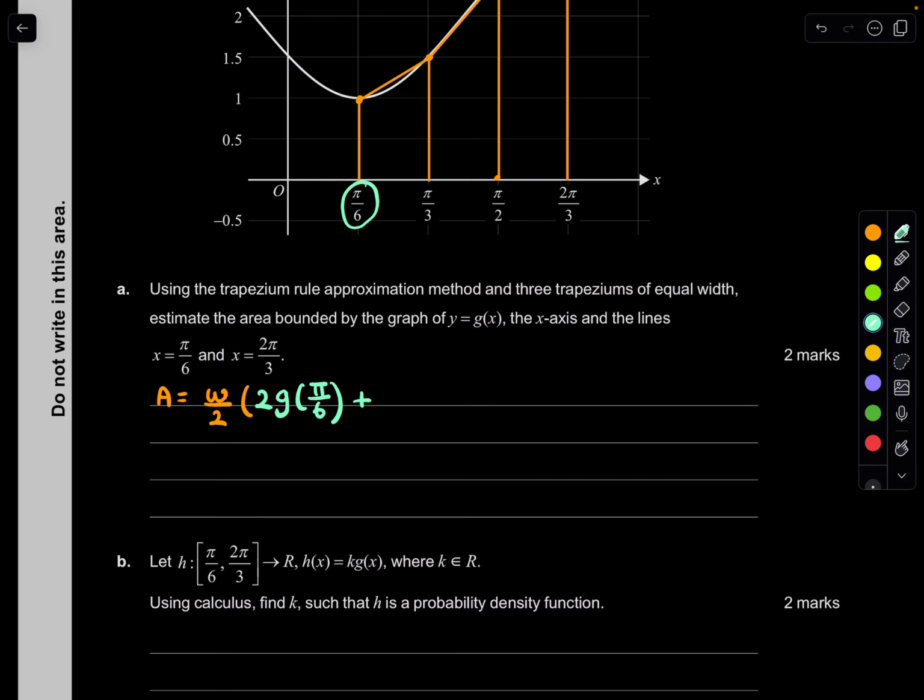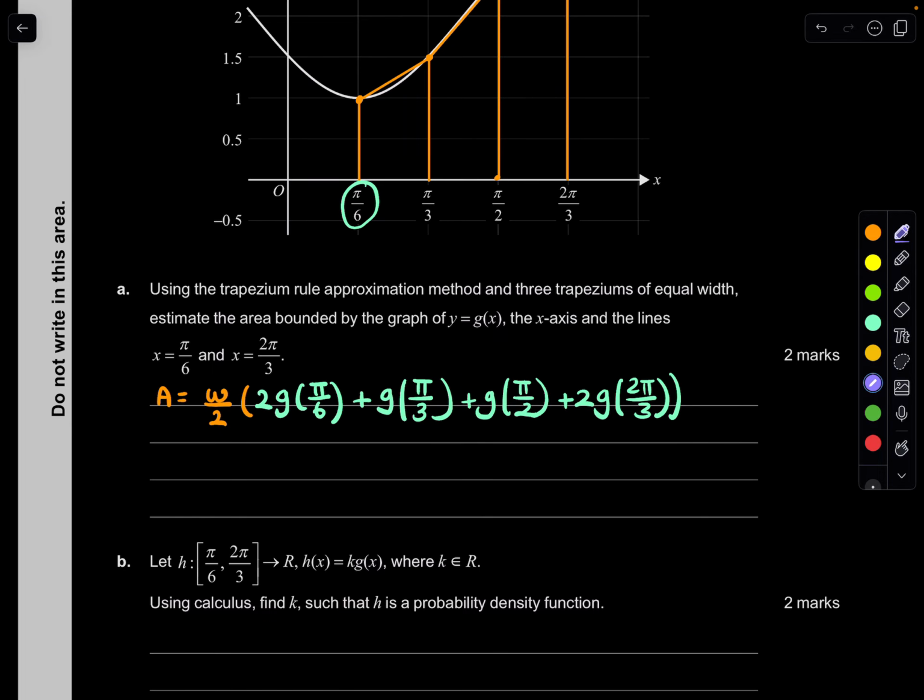So plus the next one, pi on 3, because this is in the middle, it's just g of pi on 3. The next, pi on 2, so g of pi on 2. Now we've reached the ending. Remember your beginning and your ending are going to be doubled: 2g of 2 pi on 3. And that is it. This is your actual quick formula.